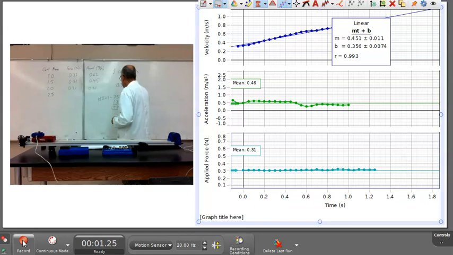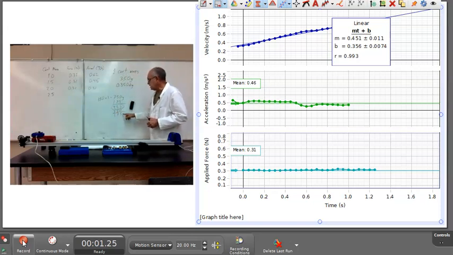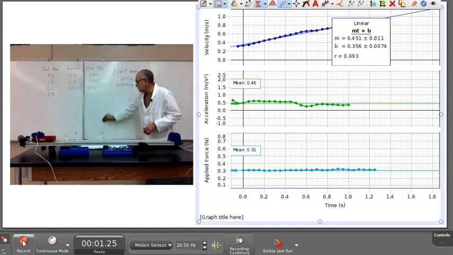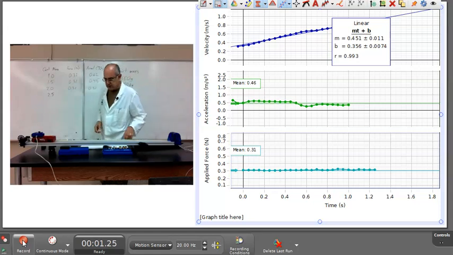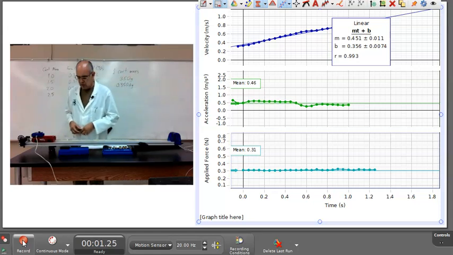Okay, 925 grams total. If I subtract out the mass of the cart, 350, that becomes 575 grams. So if I take 350 grams for the cart plus 575 grams for the added mass, that will give me the 925 grams for 2.5 cart masses.